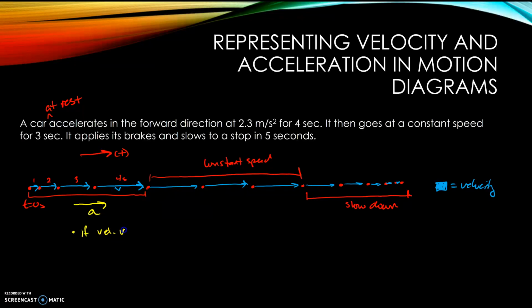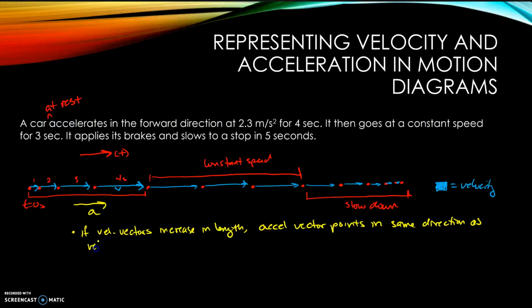If velocity vectors increase in length, the acceleration vector points in the same direction as the velocity. So you notice here they're increasing in length. My acceleration points in that direction, and my acceleration for this part's positive.